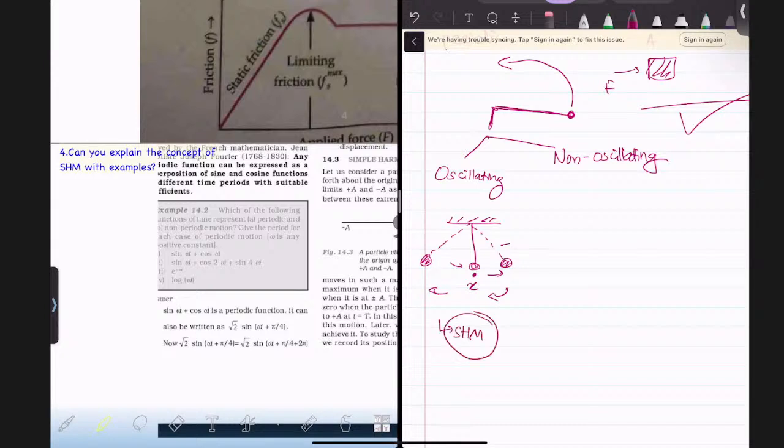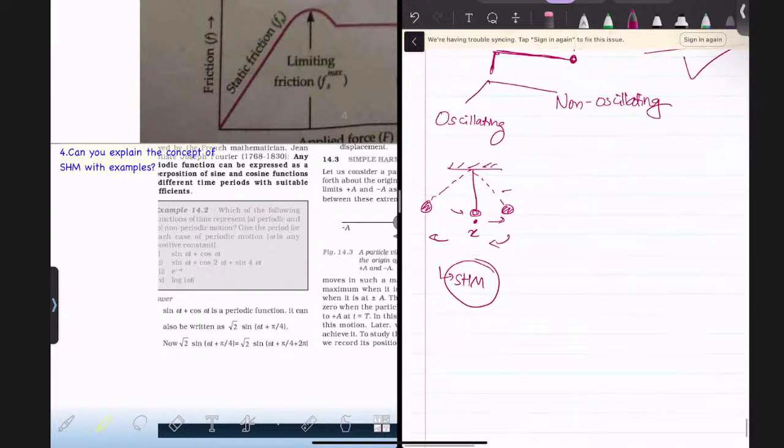तो SHM का प्रॉपर डेफिनेशन क्या है? If an object is moving around its axis, if an object is continuously moving around a point, like this pendulum is moving around this point continuously, this is SHM, simple harmonic motion. और एक एग्जांपल क्या हो सकता है इसका?